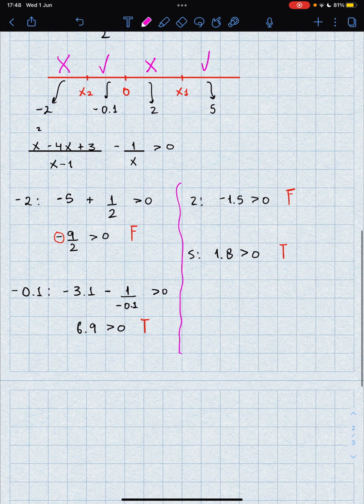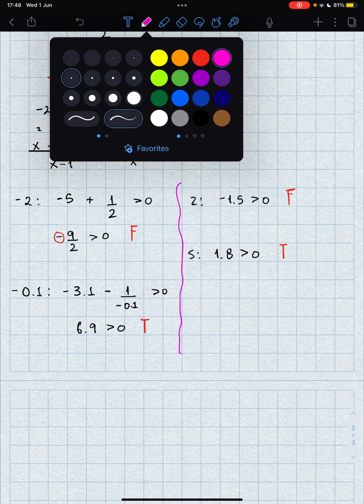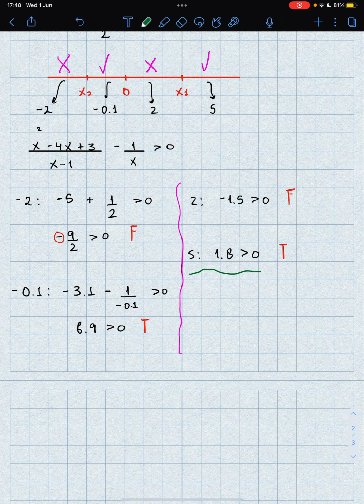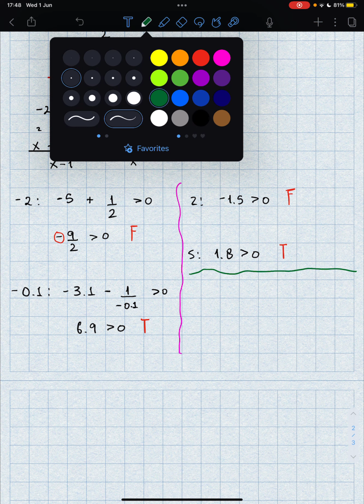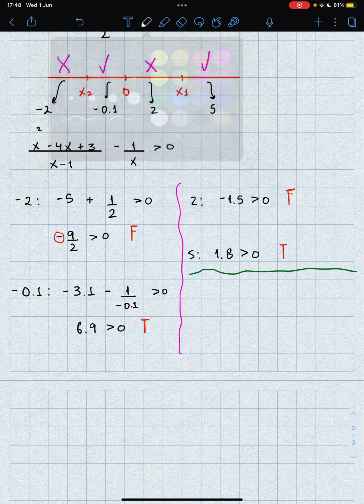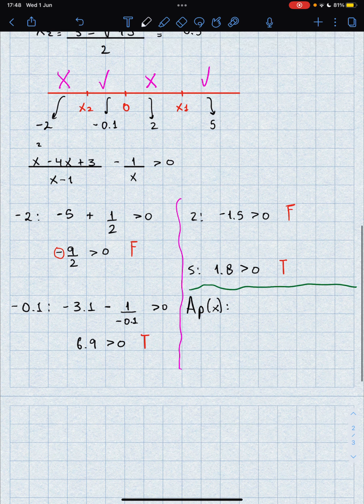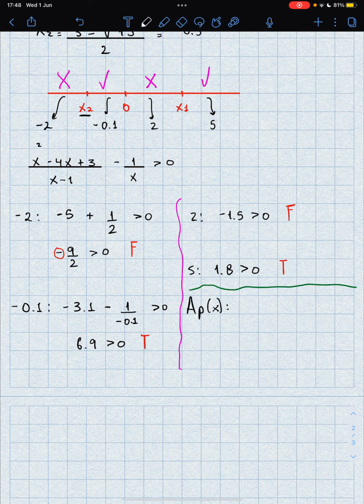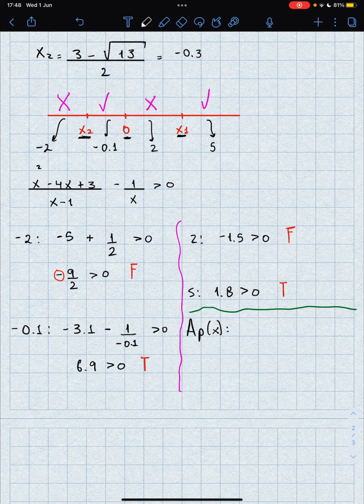We have to write it, right? And let me do it here, okay, guys? So please don't get confused. So my solution set, which basically is the interval where the solution is located, is going to be from x2 to 0, and then from x1 to infinity.